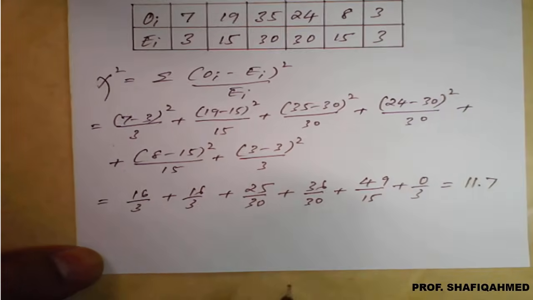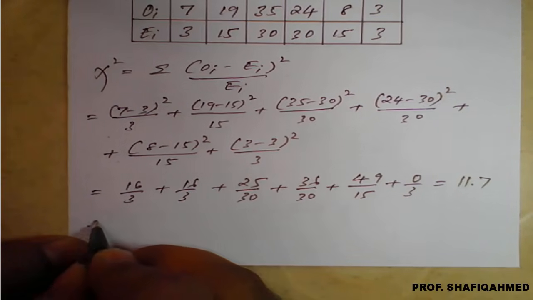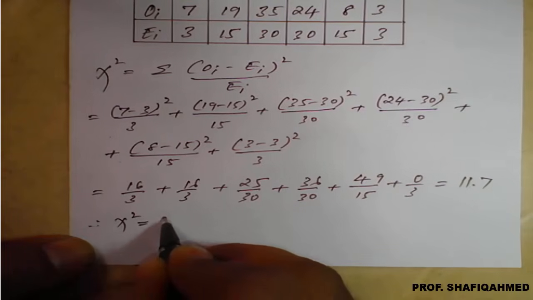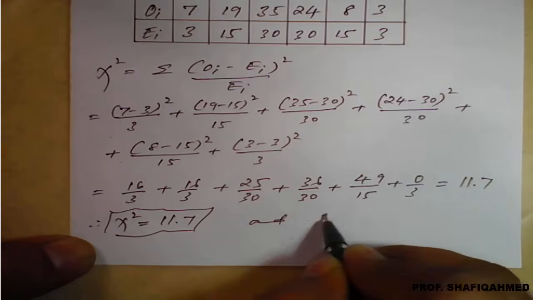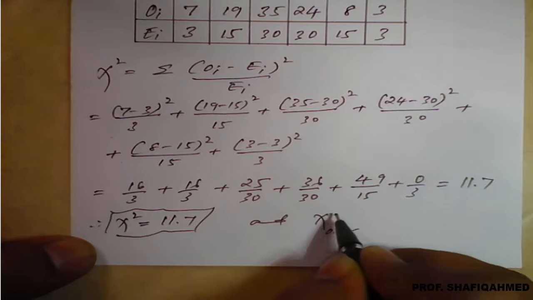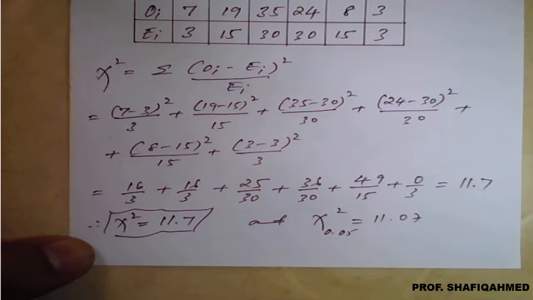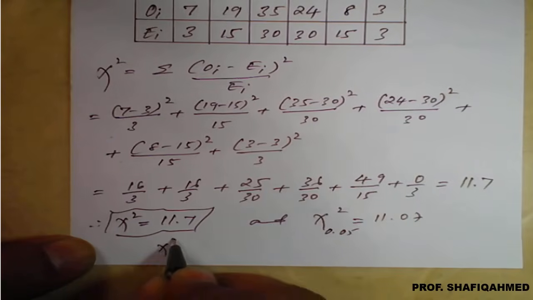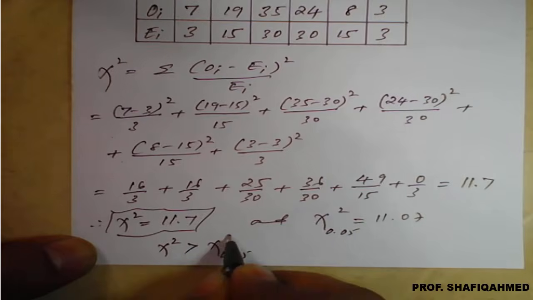So therefore chi square is equal to 11.7, and we have chi square of 0.05 is 11.07. So what can we say here? The chi square value is greater than chi square of 0.05.